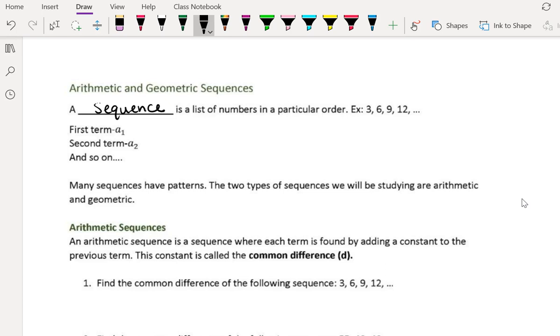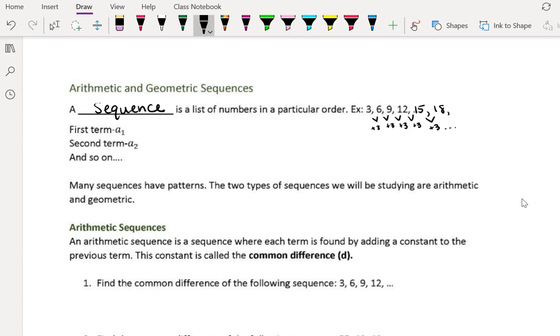So for example, if I have 3, 6, 9, 12, we probably could pick the next number, or you could recognize the next numbers in the pattern because it seems like we're increasing by 3 each time that I am writing the next number in the sequence, okay? And so we could continue that for as long as we needed to.